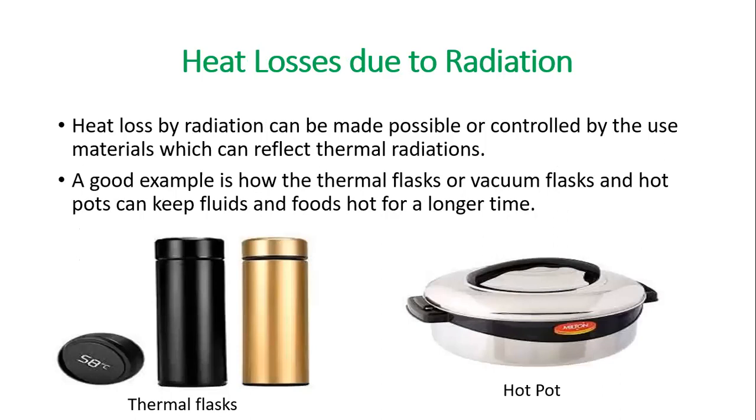Those are just photos of the two. The thermal flask is a good example of a material applied in this process due to radiation, and the hot pot also. They help to keep the fluids and foods hot for a longer time.